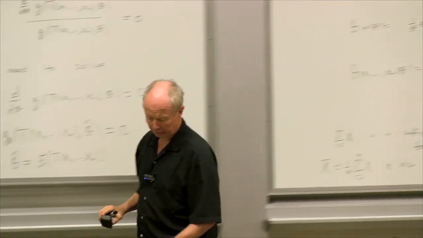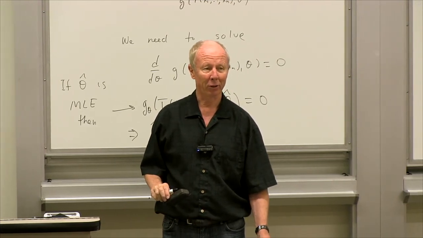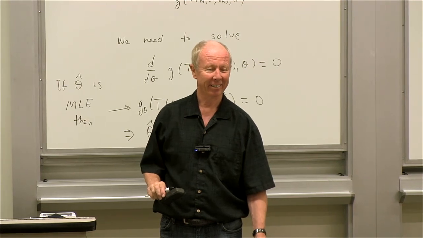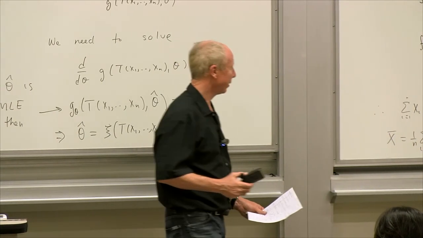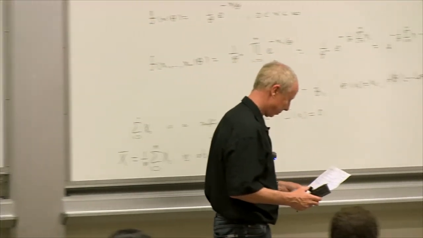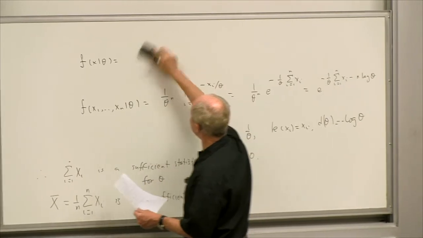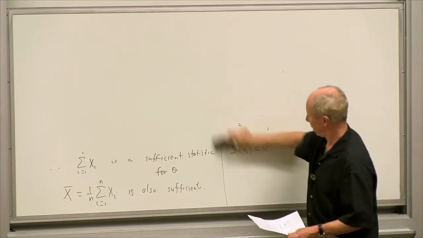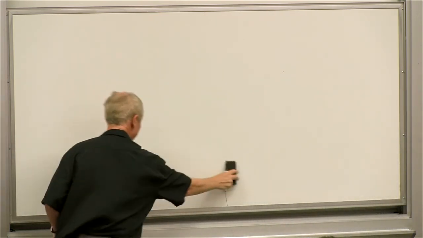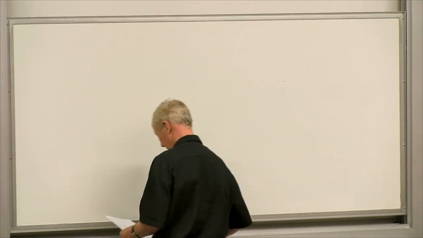Now, did I assign 17, 18, 19, 21, 23 from chapter 8? These are involving beta densities. Was it assigned or not?